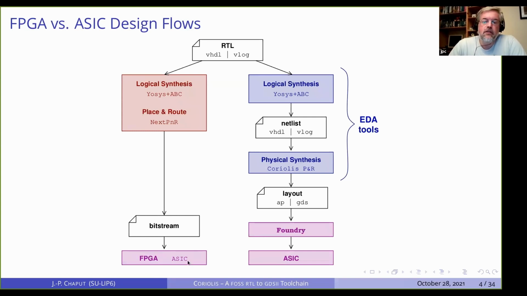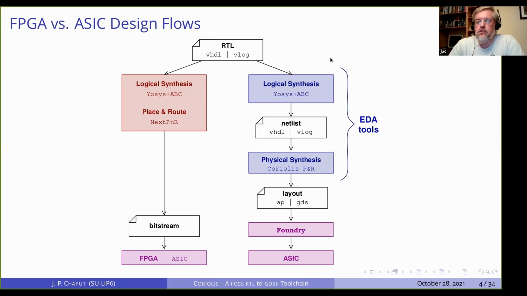And note that an FPGA is a kind of ASIC. It's a specific kind of ASIC, but one that you don't have to fabricate because it's prefabricated with some inbuilt capabilities. On the other hand, on the right side, you see the ASIC design flow, which is like the FPGA design flow, but more complex.